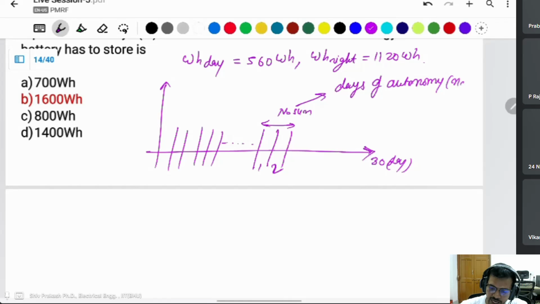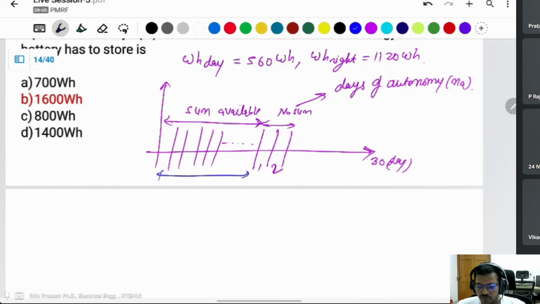The number is denoted Na. Suppose on a day the sun is available, the load works in daytime by the solar and at night time by the battery. That is fine.